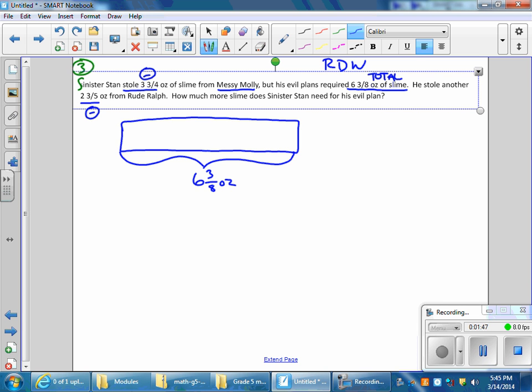Of that, he's already taken or acquired 3 3/4 ounces from Messy Molly, and another 2 3/5 ounces from Rude Ralph. How much more is my question? How much more does he need? Fills in my tape diagram nicely.